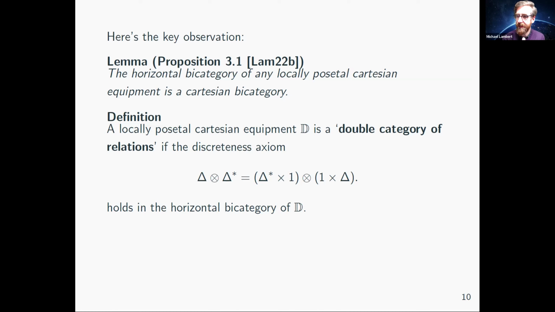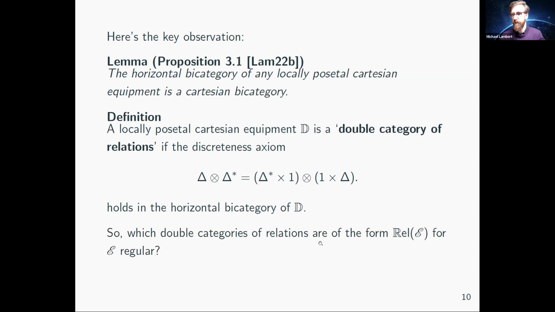So just straight delta is the companion of the diagonal map, an ordinary morphism on an object X, and delta upper star is the conjoint of that map. The ordinary times is the Cartesian structure for the double category, and the circled times is the external composition. So it's the Carboni-Walters axiom, just with all the notation changed in the right way, so that we're actually working in the double category.